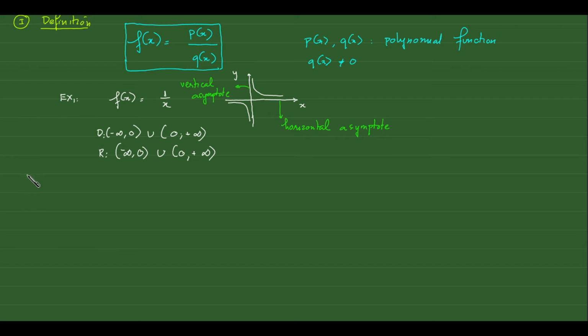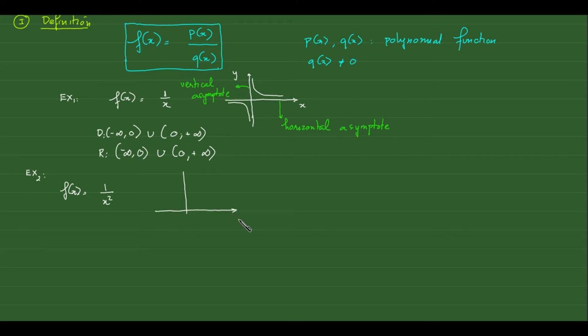Another rational function I already mentioned in the previous section is f of x equals 1 over x squared. The graph for this one will be something like this.